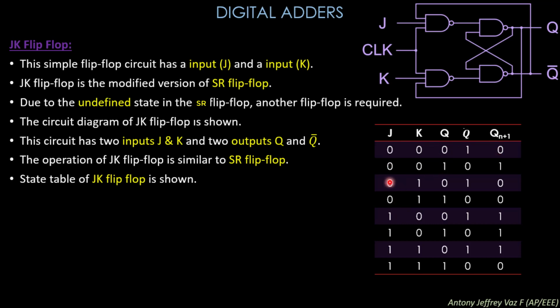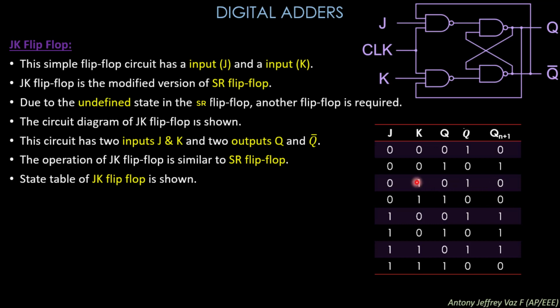In the next stage, you may see the next possible inputs, that is 0 for J and 1 for K. When 0 and 1 are applied, the Q value is 0 and the Qn plus 1 value is 0. And similarly, the Q value is 1 here and the next state is 0.